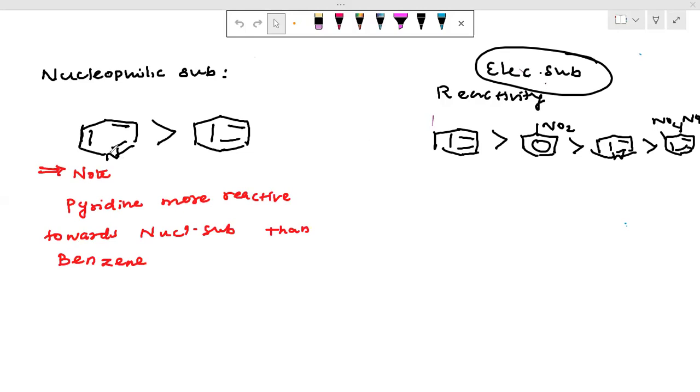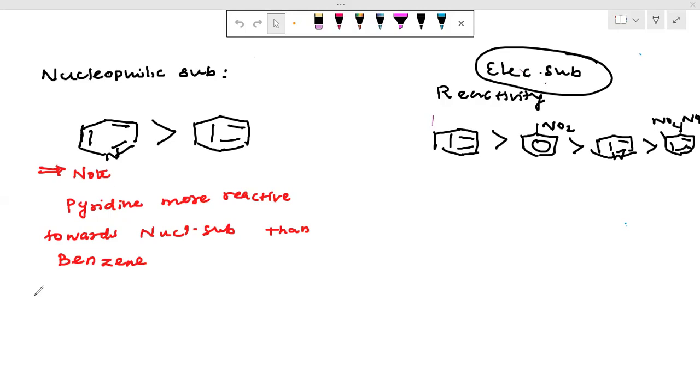Here, which position is more preferable? Which attack is more preferable? Last time we wrote the resonating structures. The positive charge is created at the C2 position and at the C4 position. In all the structures, the charge forming on nitrogen at C2 and C4 would be unstable, so leave that aside. So that is the more preferable attack: C2 and C4.